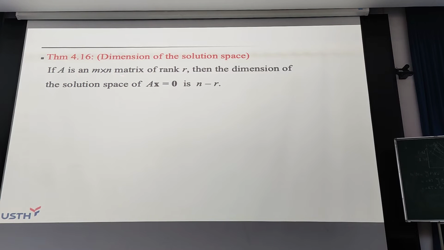If A is an m by n matrix, and suppose that we know A has a rank, then the solution space of Ax equals 0 has a dimension n minus rank A. That is, n, the number of columns here, equals the rank of A plus the nullity of A. Whenever you are given a matrix A, you know the number of columns.